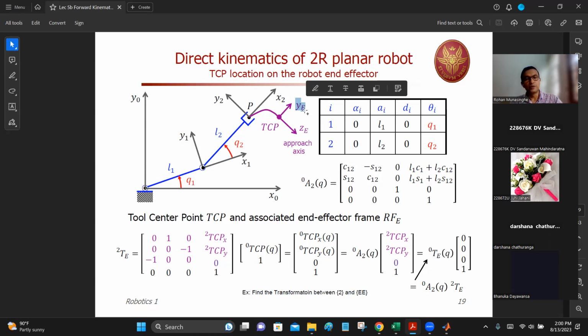After that, what happens? After that, now you are still there at point P. Now you want to get to point TCP, right? So now still you are with respect to frame 2. Now you move with respect to the rotated axis.